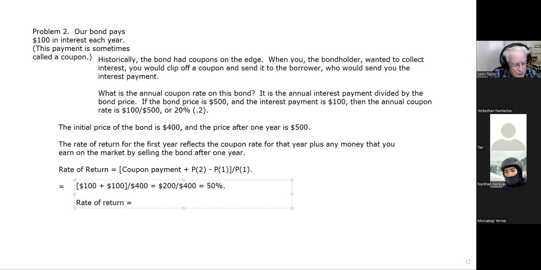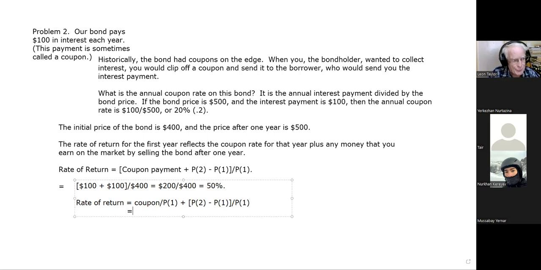The rate of return is equal to the coupon payment divided by the initial price of the bond, plus the capital gain, also divided by the initial price.